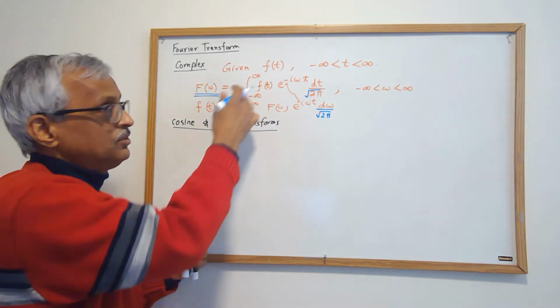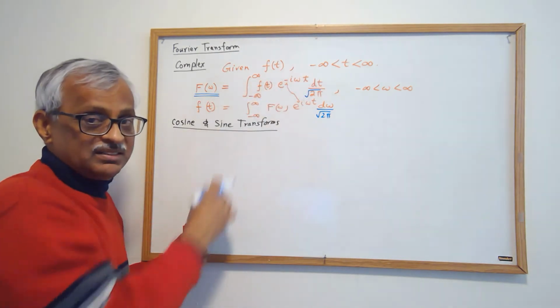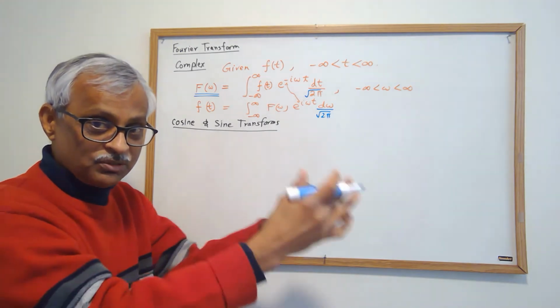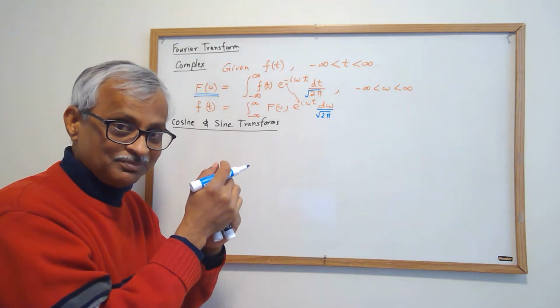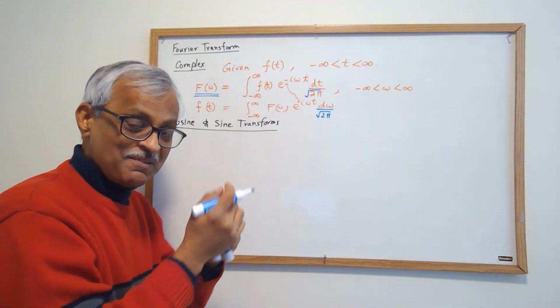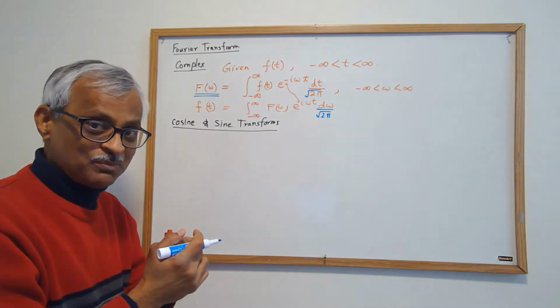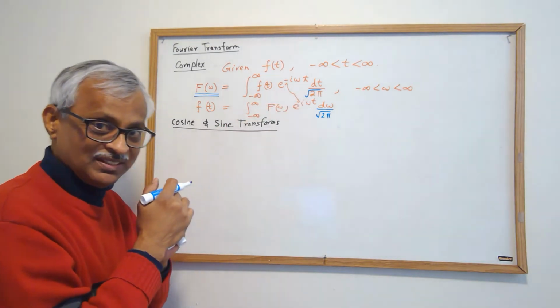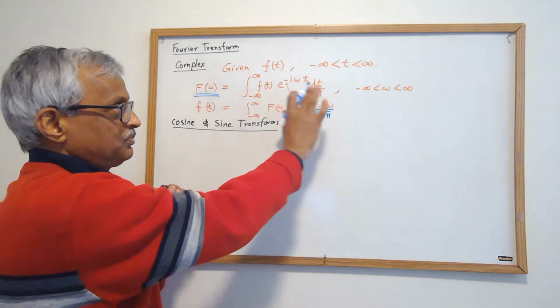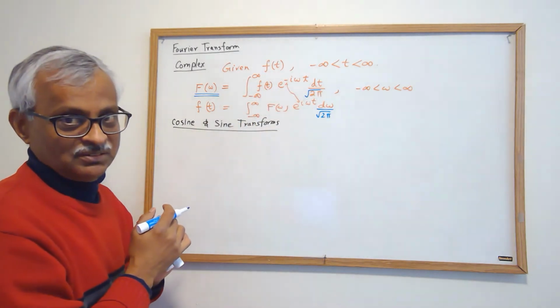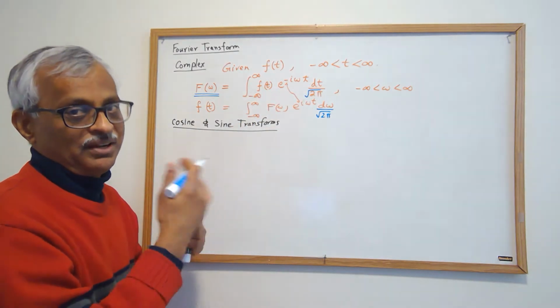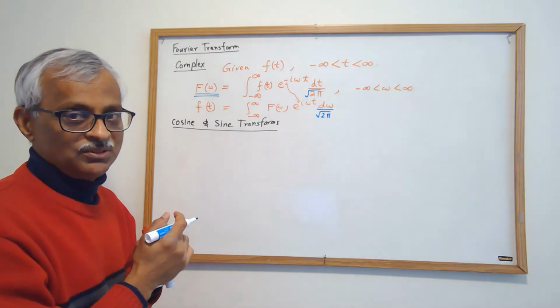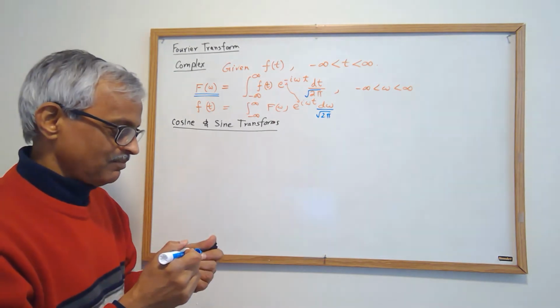So unless I know what you have picked as a convention, I can't compare my formula to your formula. Sounds interesting? I can't compare my formula to your formula because you're using a different convention. So Fourier transform comes with a convention, and you've got to know which convention your friend used to compare your answer to your friend's answer, right?